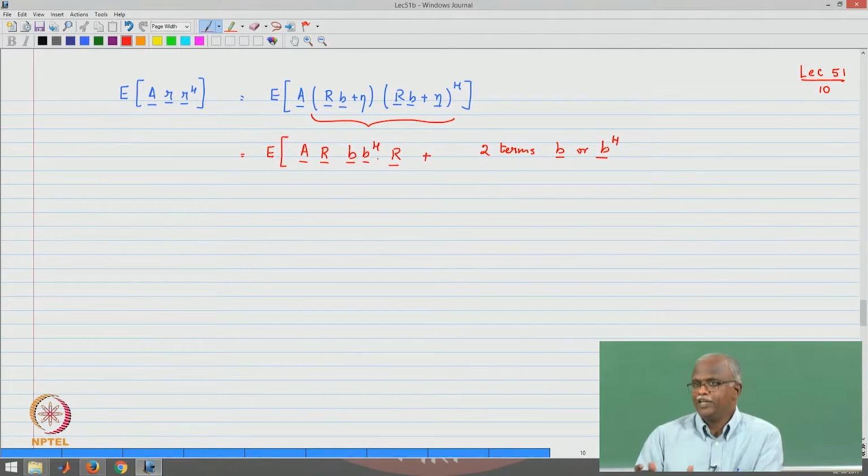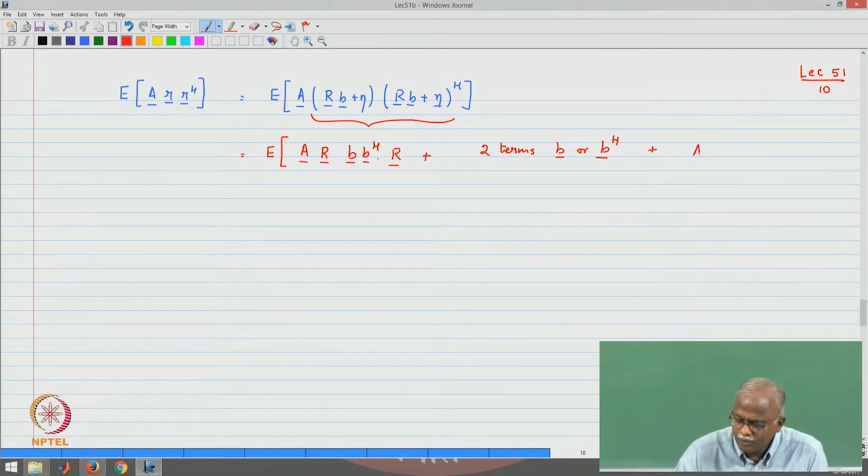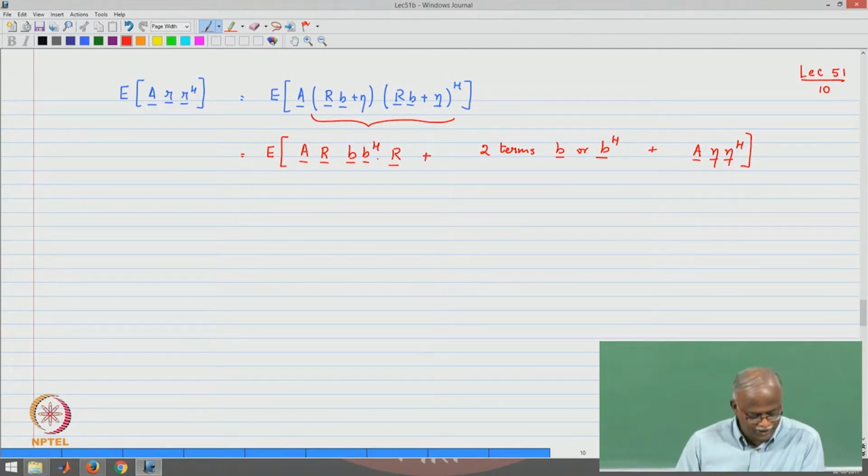The expected value of this would be 0 because the individual components are 0 mean, and then the last term will be the expression with the 2 noise terms, which will be a times eta Hermitian. So, these are the expressions that we have.